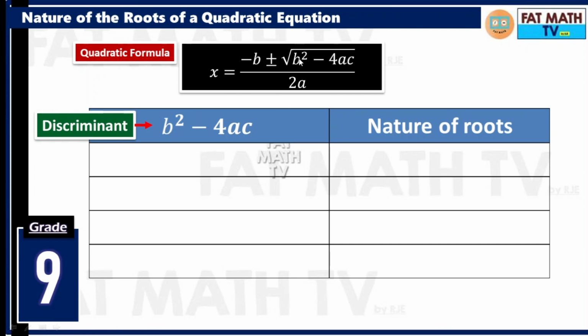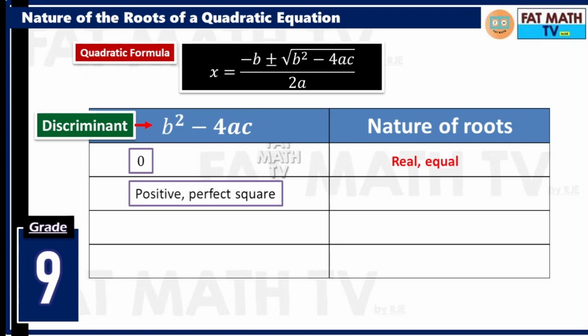For example, if b squared minus 4ac is 0, the square root of 0 is 0, and then you will have plus or minus 0, so you will have equal roots. We are going to have the same answer. So if the discriminant, the expression under the square root symbol, is 0, then the roots are real and equal.